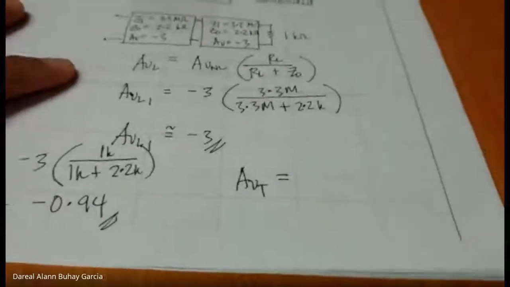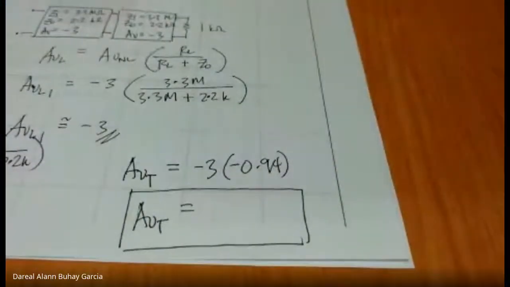To get the total loaded voltage gain, multiply the two: negative 3 times negative 0.94 is negative 2.8, positive na rin, so positive 2.8.